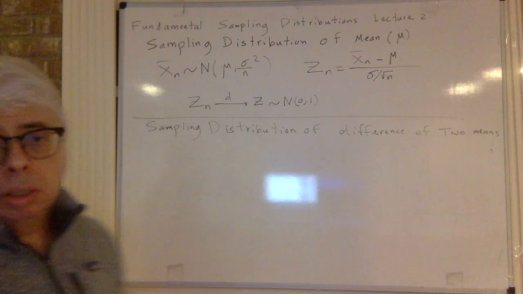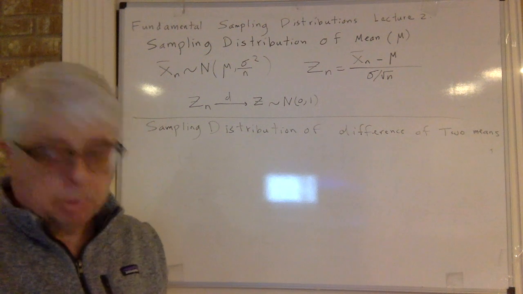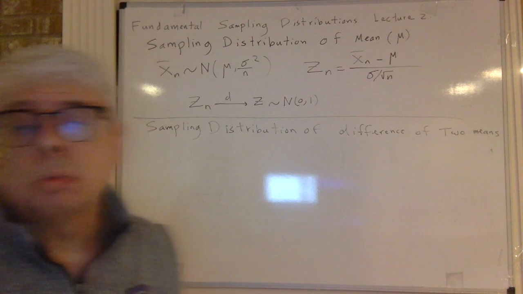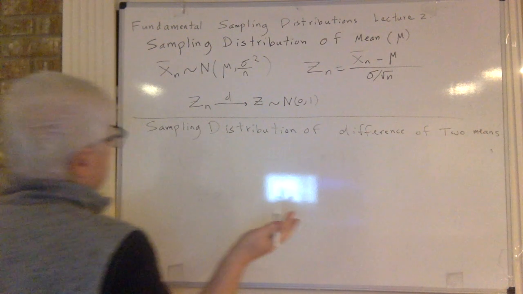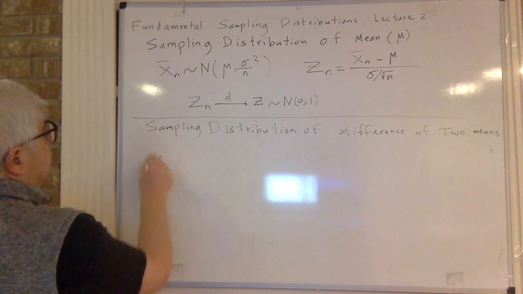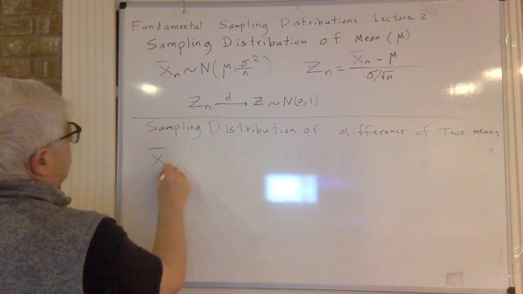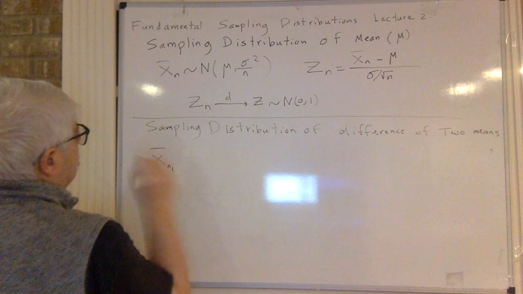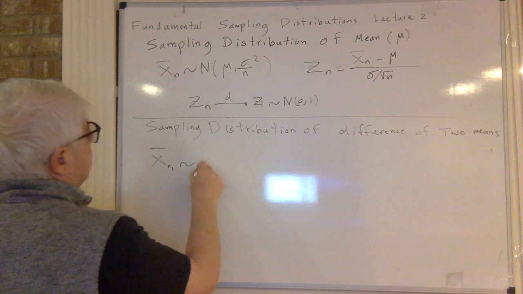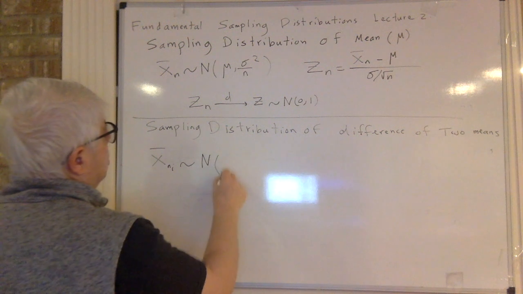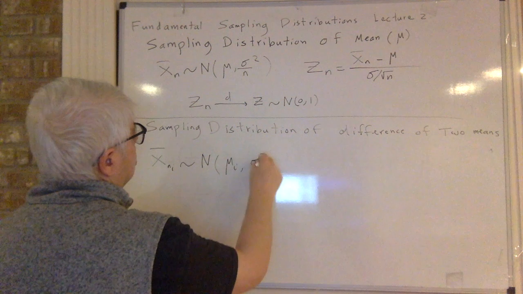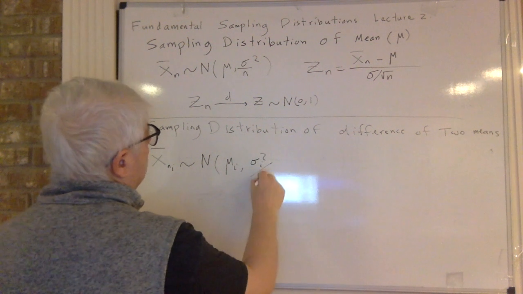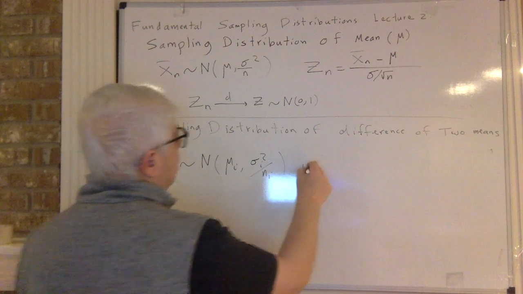Well, I have given enough explanation in the notes, but let me just write it here. So I have two distributions. For one of them, I have this one, let's just write i here, and this is mu i and sigma squared i over n i, and i is 1 and 2.